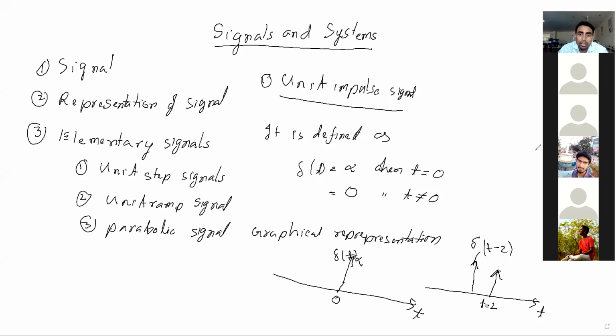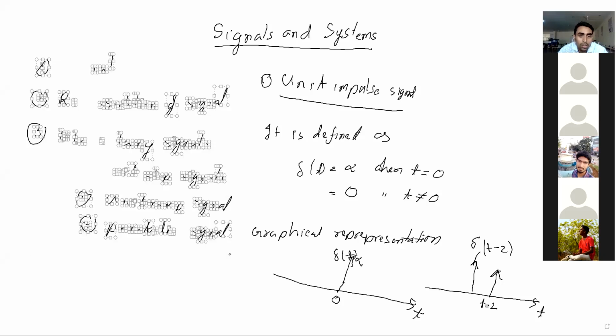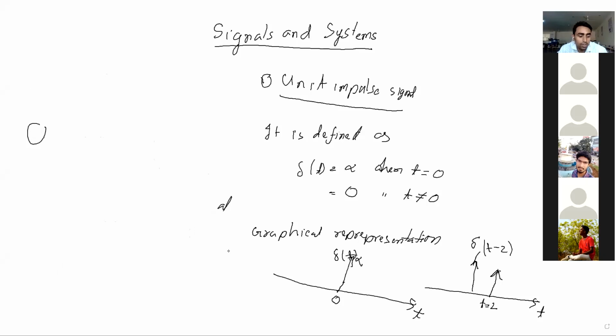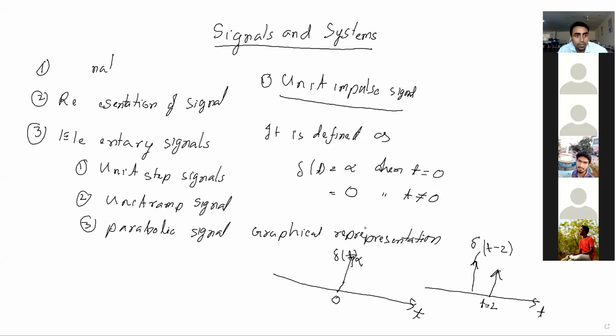So let me write a note: area under unit impulse signal is unity.